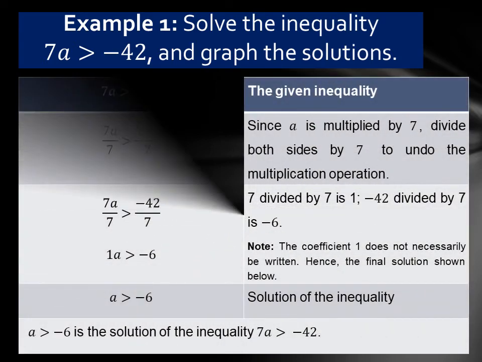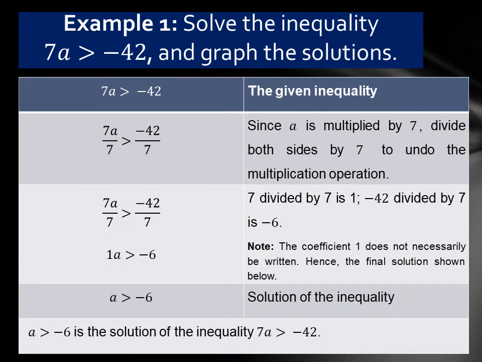First, we rewrite the given inequality, which is 7A is greater than negative 42. Since A is multiplied by 7, divide both sides by 7 to undo the multiplication. We have 7A divided by 7 is greater than negative 42 divided by 7.